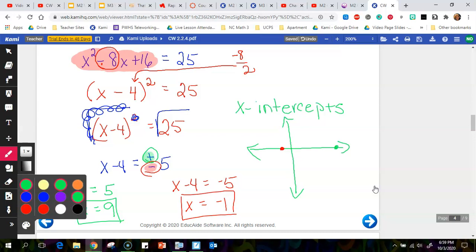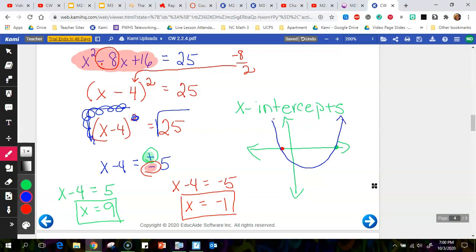So it would open up and go like that. The 9 and the negative 1 are my x-intercepts. They're also called roots, and they're also called zeros. So a quadratic is always a parabola.